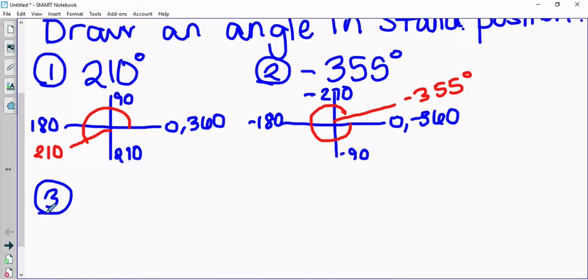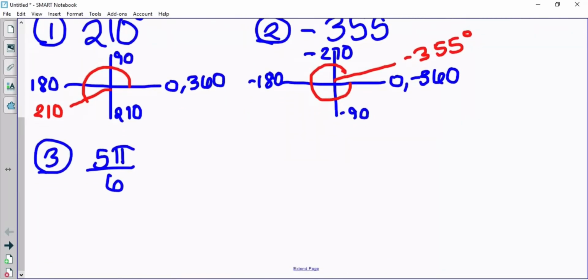So my first one is going to be 5 pi over 6. So I need to figure out where that one's going to be. So I'm going to draw my XY axis. 0 is still over here on the right. And we hopefully know from last class that pi is over here on the left. That's pi. It's 180 degrees.